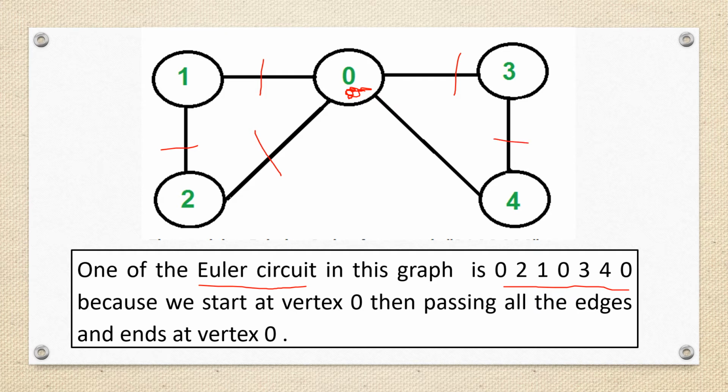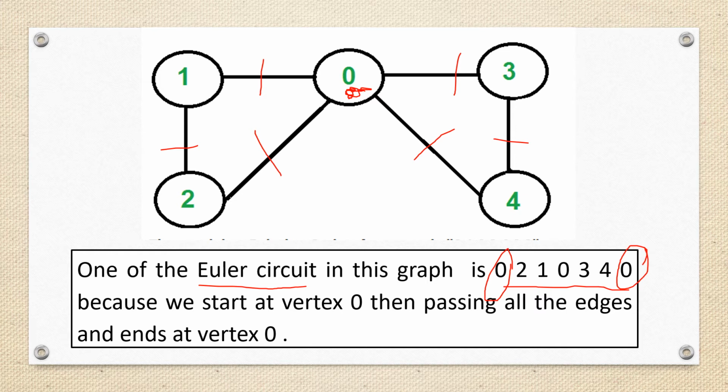And then from 4, going to 0. As you can observe, lahat ng edges ng graph na ito ay nagamit natin ng isang beses lamang. Pero since it is an Euler circuit, kung anong vertex tayo nag-start, we should end up in that vertex as well. So 0 going back to 0.